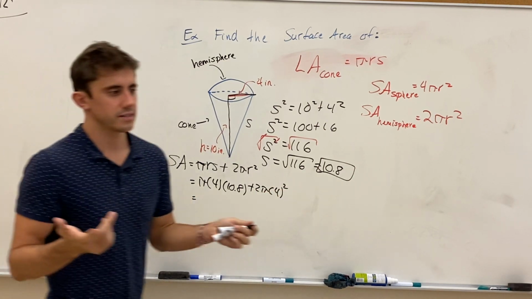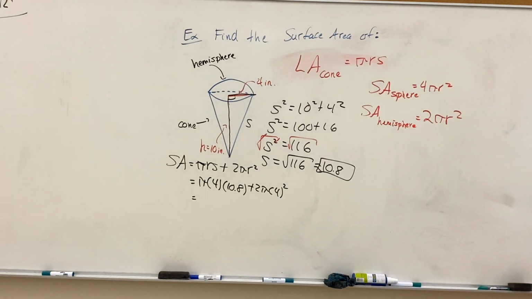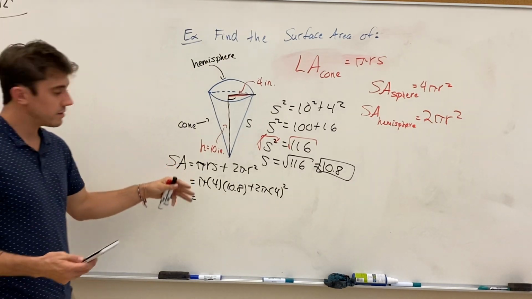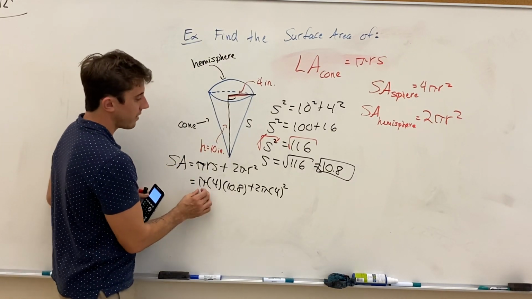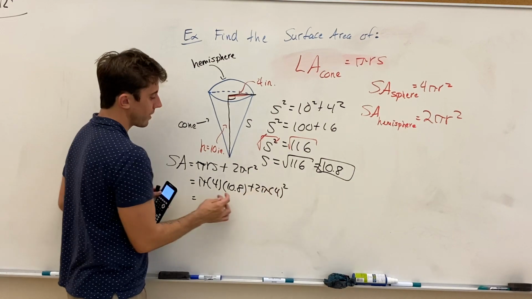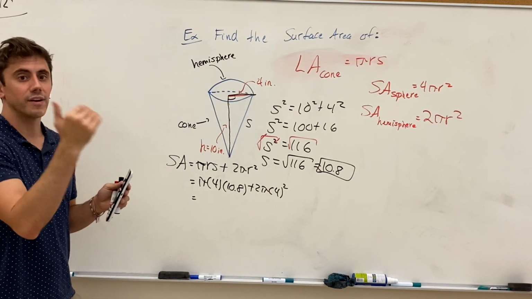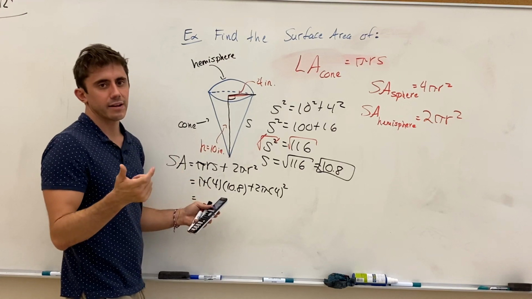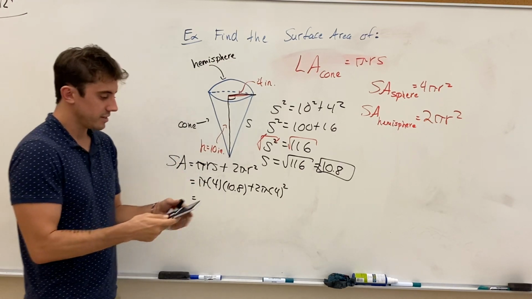And now we can calculate that. You guys can go ahead if you would like. I'm going to do this without rounding in between, so I'm going to leave pi outside. I'm just going to multiply through by all the numbers, and then I'm only going to round at the very last step. If you round all along the way, just be mindful that our answers might differ a tiny little bit in the end.